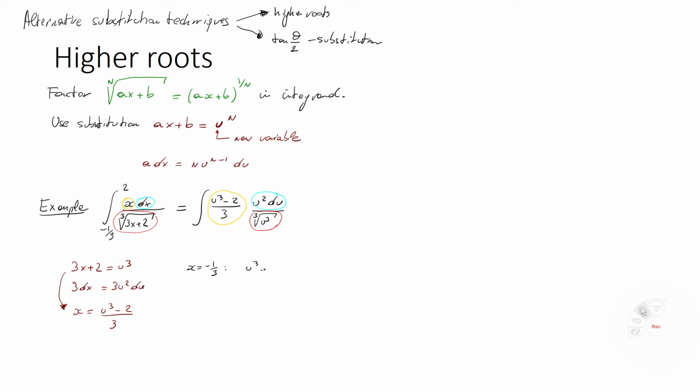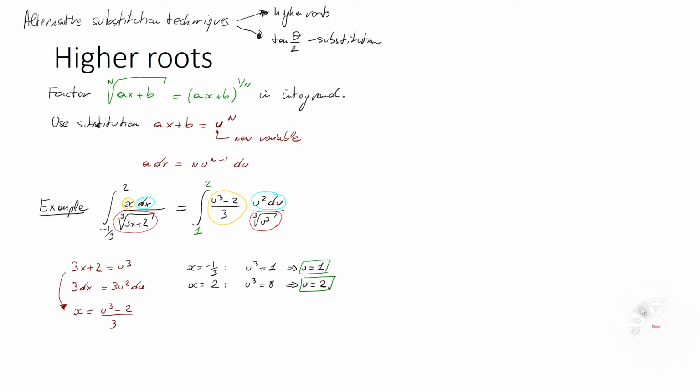So u to the third is plus 1, and therefore u is also plus 1. And likewise, if x is 2, then you get 6 plus 2 is 8, so u cubed is 8, and u itself is 2. And so we add that to our integral, we integrate from 1 to 2.